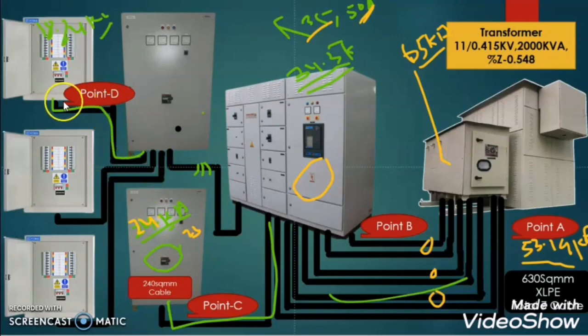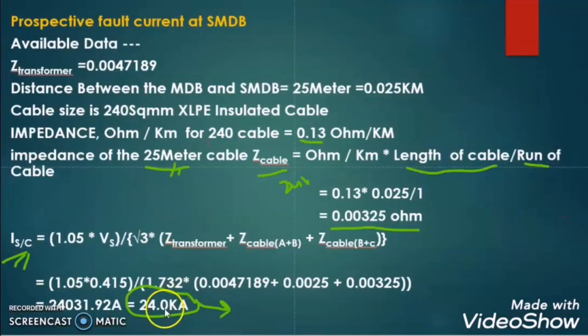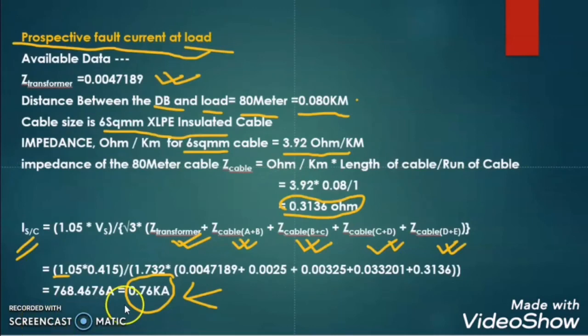We calculated the prospective fault current at the final distribution board as 18.18 kiloampere. Then either we can go for 20 kiloampere short circuit breaker rating, or we can go for 25 kiloampere short circuit breaker rating. And finally we find the prospective short circuit current at load is 0.76 kiloampere.